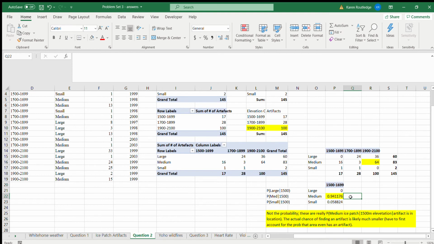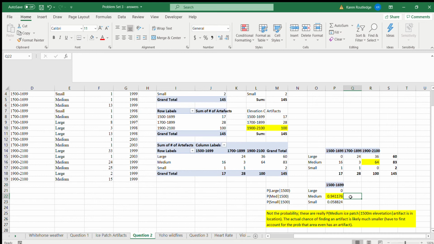So the question was attempting to make you look at that number and think, well, is it reasonable that if we just chose a random mountain at a 1600 meter elevation with a medium ice patch, that we're almost guaranteed to find an artifact? And the answer is no.